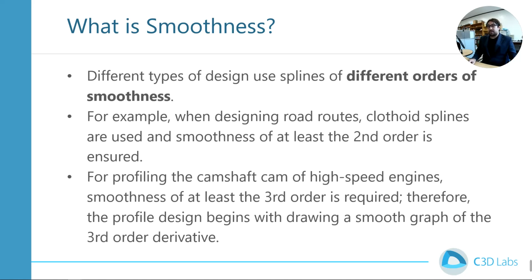To ensure continuity of the torsion function when modeling space curves, the curve must have third order smoothness. A space curve with smooth torsion should have fourth order smoothness, which follows from the analysis of the spatial curvilinear trajectory of the point particle.